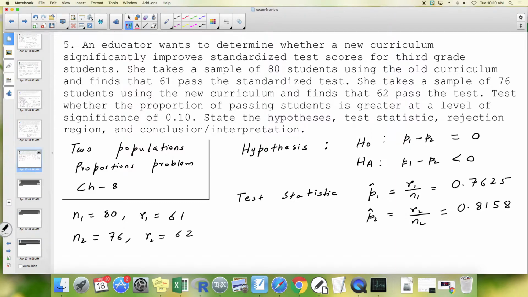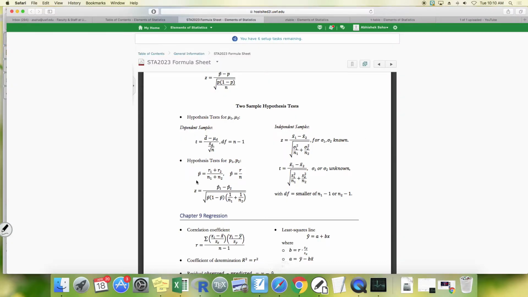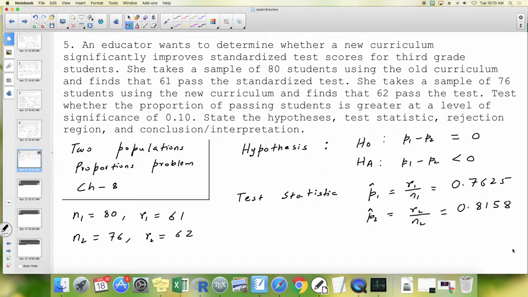Alright. There is another thing which is P bar, which is R1 plus R2 divided by N1 plus N2.